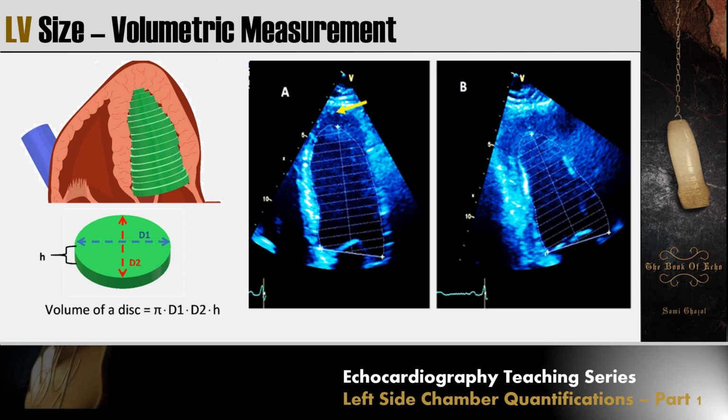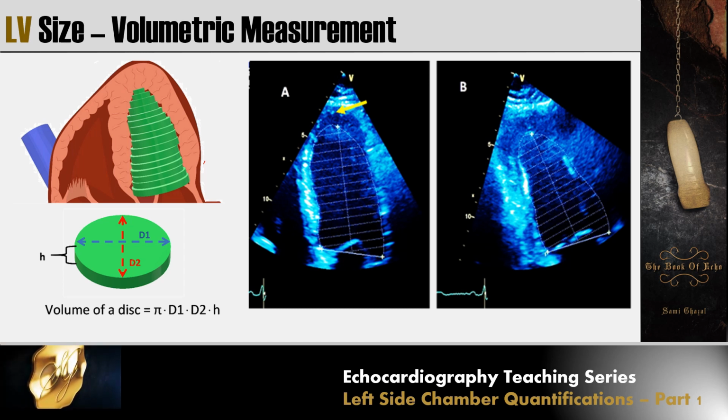A better way to calculate the LV size and LV volume is by the method of disks. In this method, the LV is cut into small disks, and we measure the volume of each disk separately, then we add them all together.